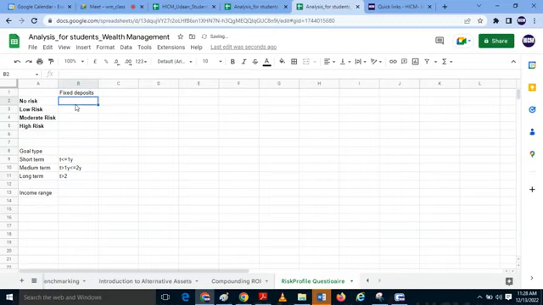Fixed deposits. Then RD will also come in this, recurring deposit will also come. PPF schemes, like PPF by the government. Pension schemes, you are aware. Post office schemes.